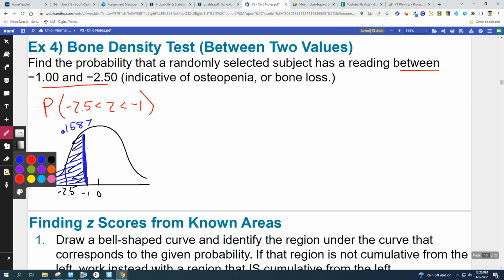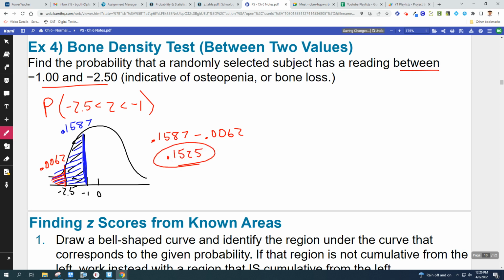We would have to find this area and subtract it. Looking at the table, the area to the left of negative 2.5 is 0.0062. So to answer this question, we subtract those two numbers: 0.1587 minus 0.0062 gives us 0.1525.